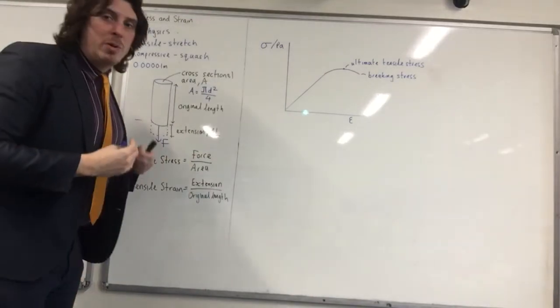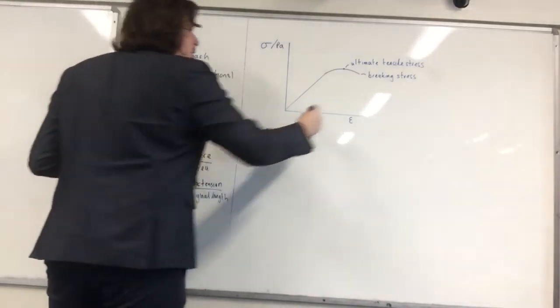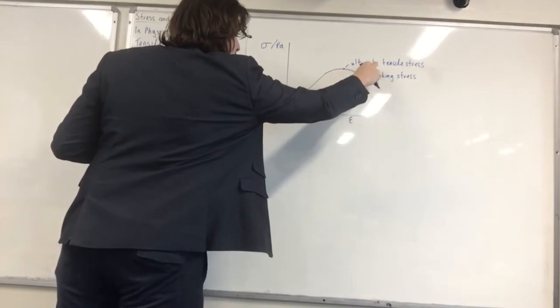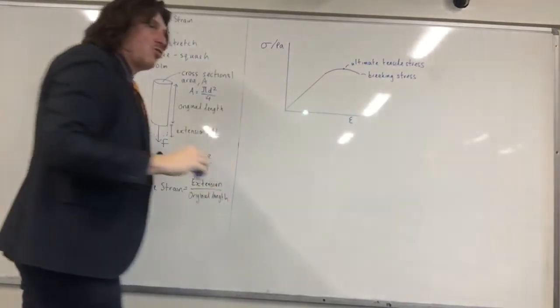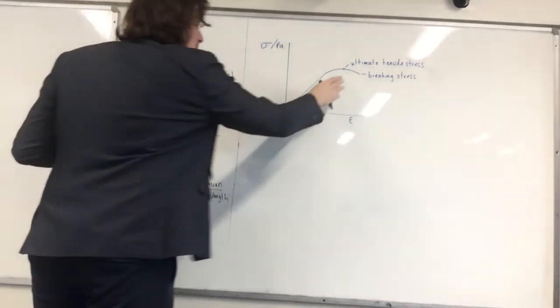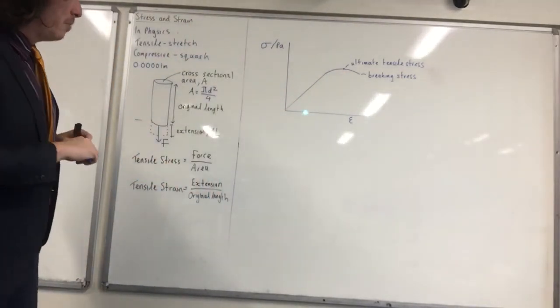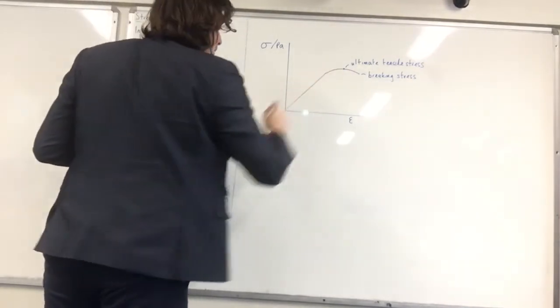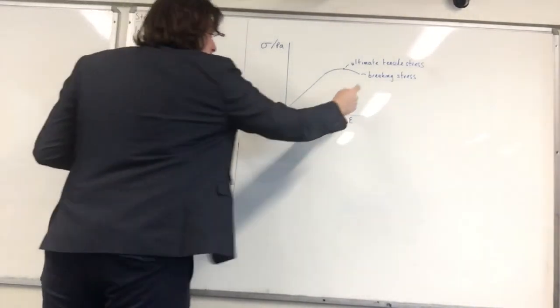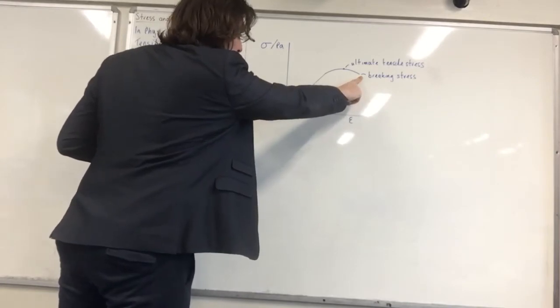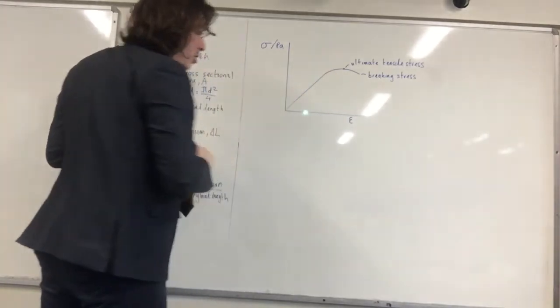In engineering, when we are building things in manufacture, the engineers and the construction people will need to know what the ultimate tensile stress is. And that is essentially the amount of stress an object can take before it starts to break, which is the peak of this graph here. What will happen eventually is the material will break, and then the graph stops.